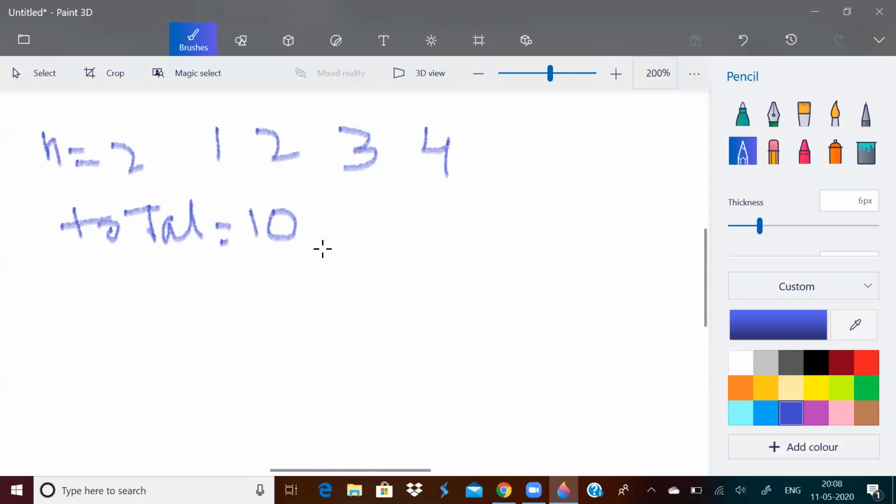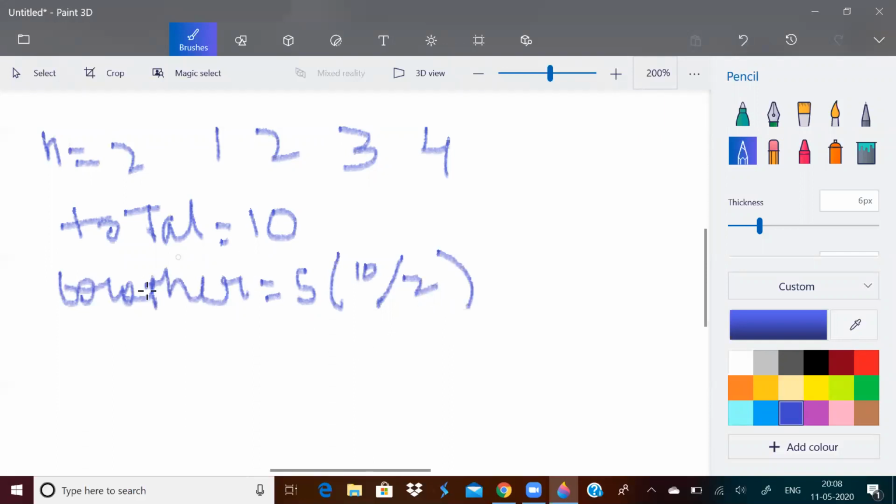So if there are totally 10 candies and every brother should get an equal amount, each brother should obviously get 10 by 2, which is 5. I hope you understood till here. How can we write 10? 10 is equal to 1 plus 2 plus 3 plus 4.